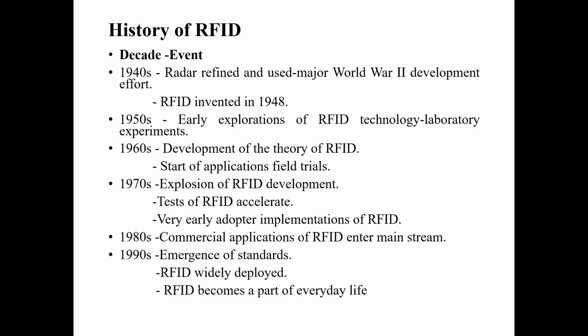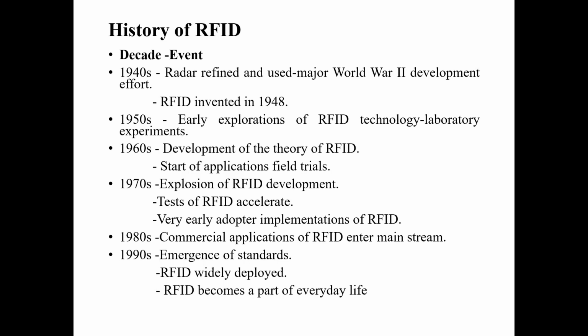Then in the 1960s and 70s, researchers began to develop electronic identification systems for commercial use, which led to the first RFID patent. By the 1980s, RFID was introduced in applications such as toll collection, access control, and livestock tracking.